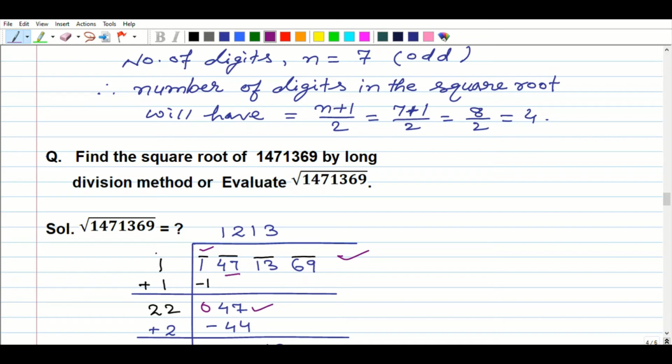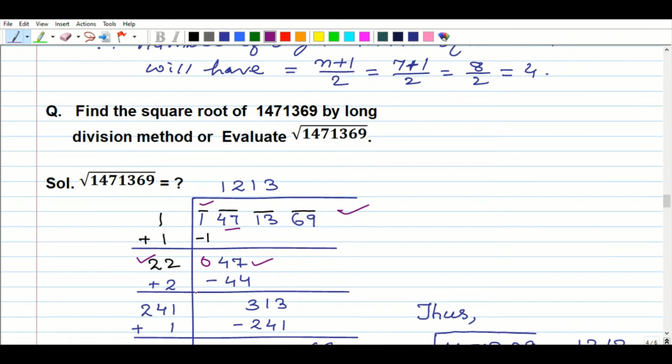On the left hand side, 1 plus 1, we get 2. Then imagine which digit we will put here that makes the number less than or equal to 47.